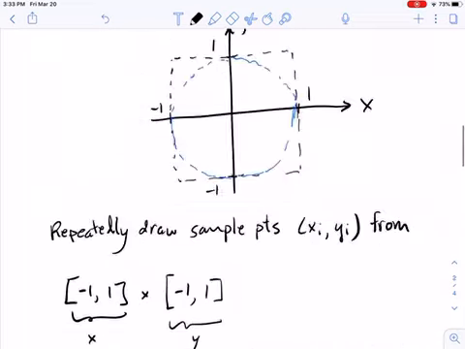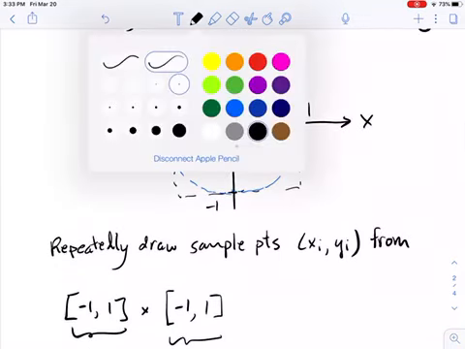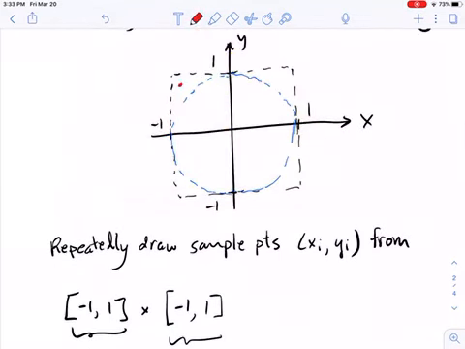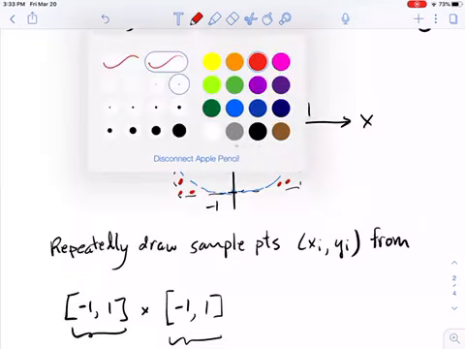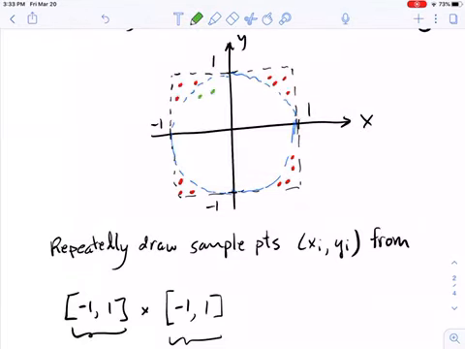And so when you go back here, we're going to have some points that don't land in the circle, and so we'll call those misses. And so we have these red misses. And then we have some that land within the circle, and so those are the hits. So little n is the total number of points, so red plus green, and Zn are the green points.